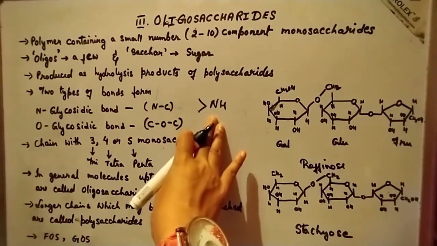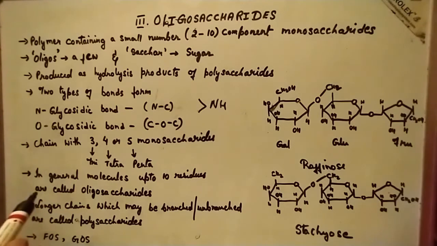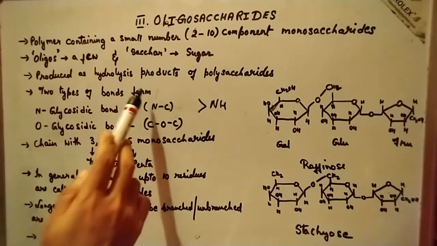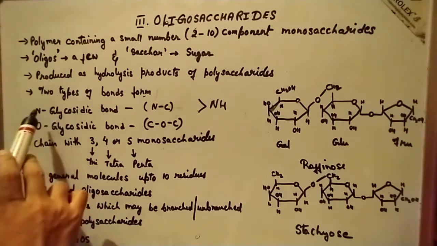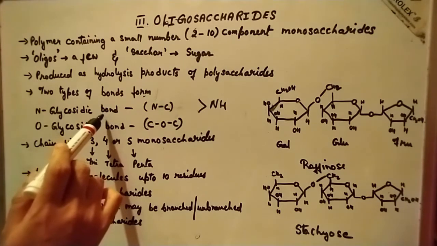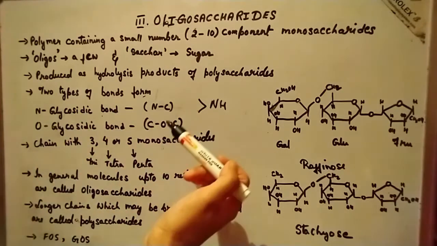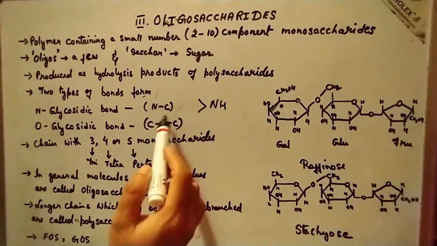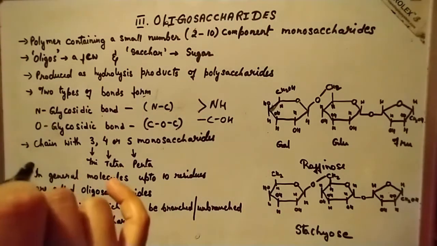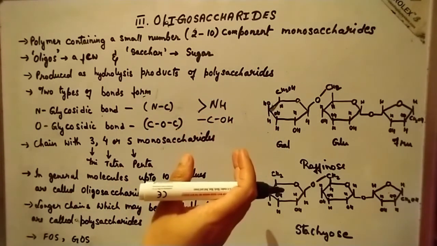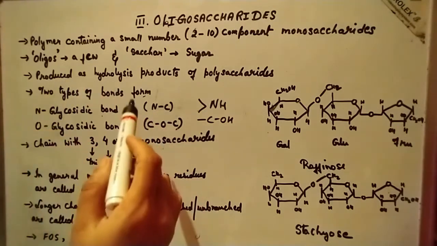So there are two types of glycosidic bond, the N-glycosidic bond and the O-glycosidic bond. In the N-glycosidic bond, the bond is formed between the amine group and the COH group, where the carbon is directly linked to nitrogen.